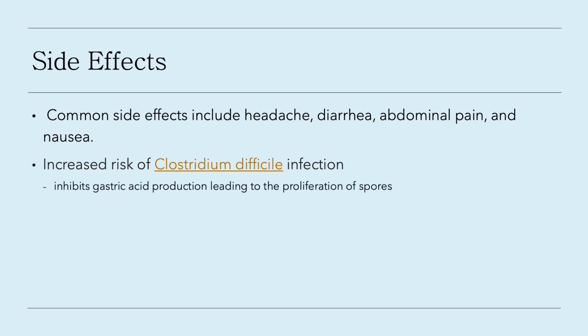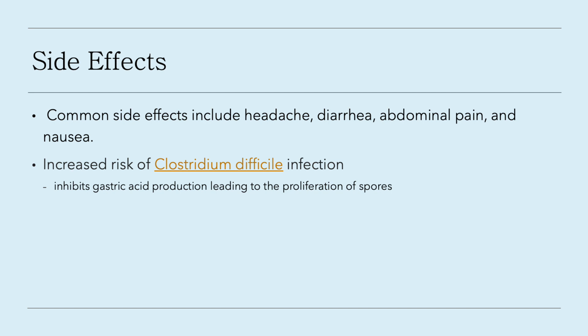So they're at risk for C. diff because this medication inhibits gastric acid production, leading to the proliferation of spores. So remember that your stomach needs to have some gastric acid in there to do what it needs to do. But when you don't have that gastric acid, guess what?